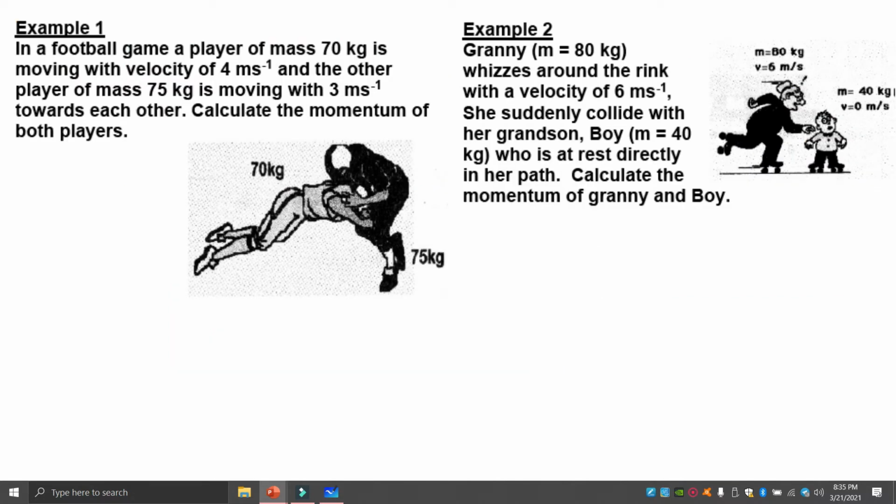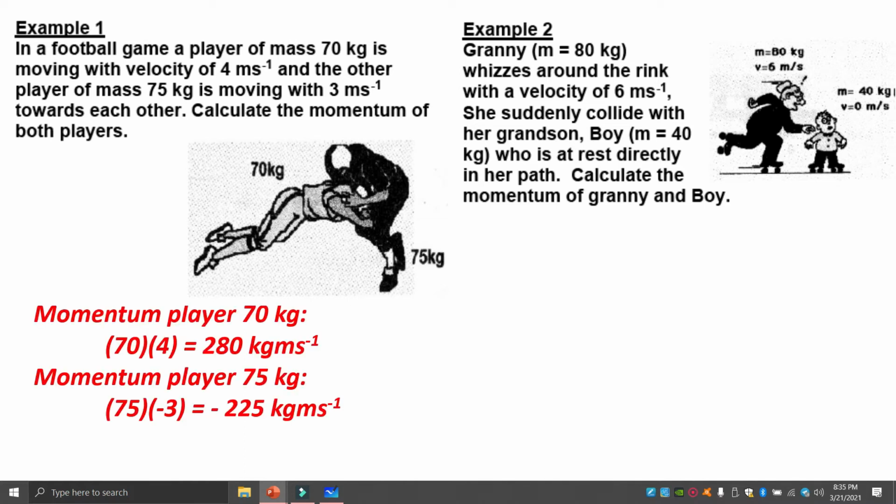Let's say we have example 1. In a football game, a player of mass 70 kg is moving with a velocity of 4 meters per second, and the other player of mass 75 kg is moving with 3 meters per second toward each other. Calculate the momentum of both players. For the first player, 70 kg, you just use p equals mv. Remember, please put the formula here.